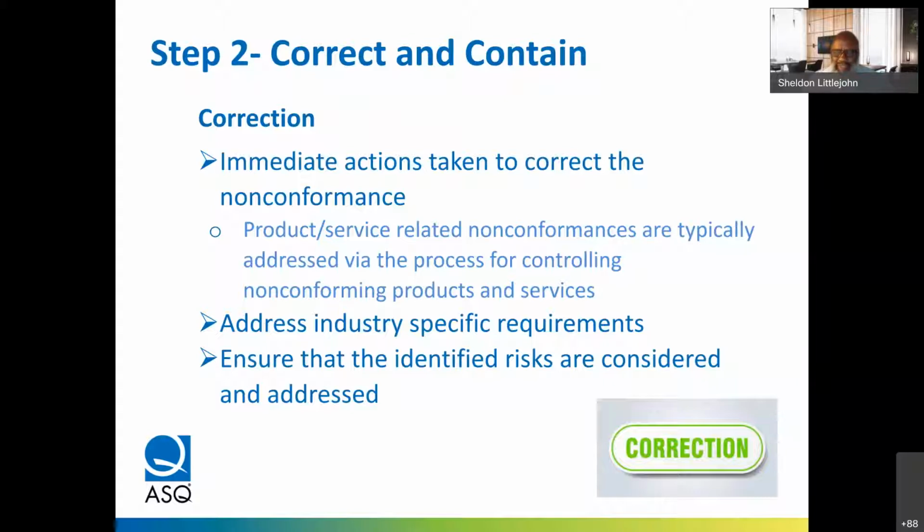So if that procedure should establish certain steps or determine when we issue a corrective action, and it's missing from that procedure, then we need to ensure that we put that requirement in the procedure, and that's our correction.